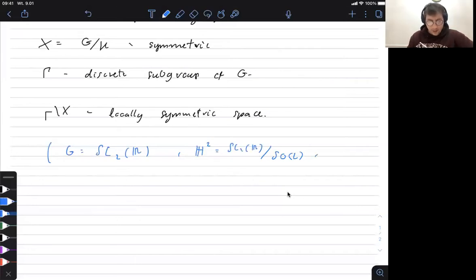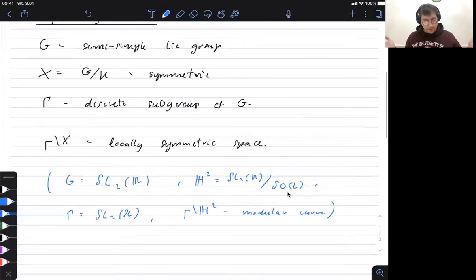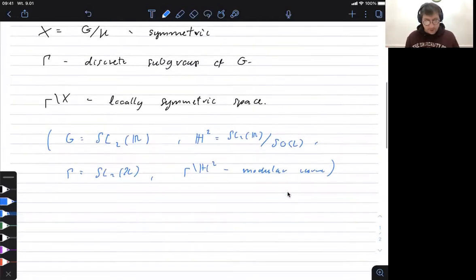As our group gamma, we can choose, for example, the lattice SL_2(Z). Then this quotient is a very well known object. This is the modular curve. Since this is a conference about locally symmetric spaces, you all know this example.